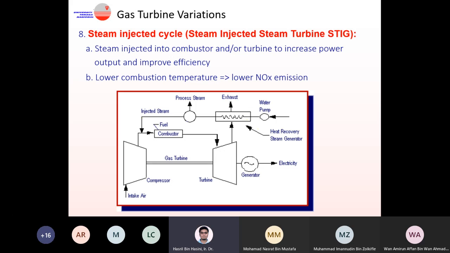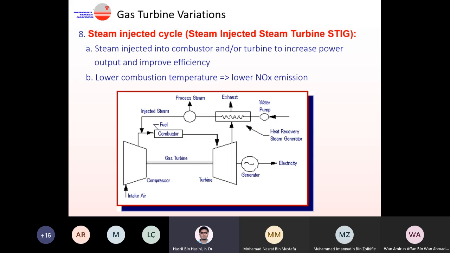And then by right, common sense will tell us that if you are injecting water into our combustion chamber, of course, we are losing the heat, right? Okay. But for this case, you are actually injecting steam. You are injecting the steam. In other words, what happened is that the temperature will drop, right?